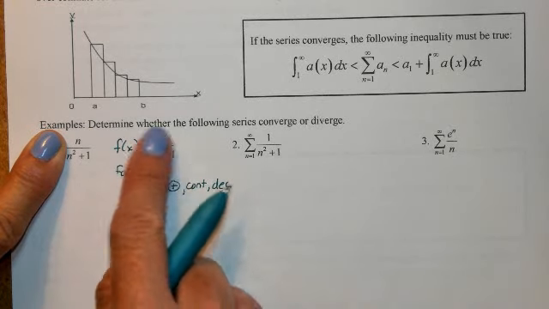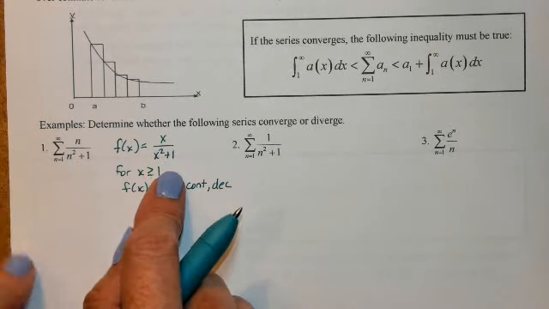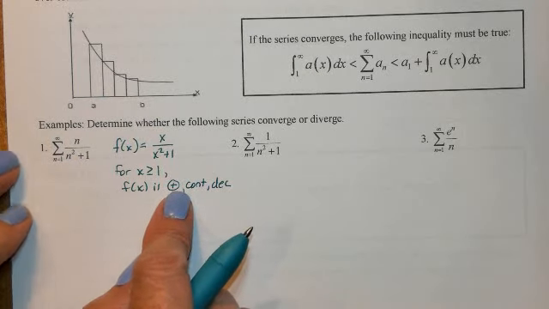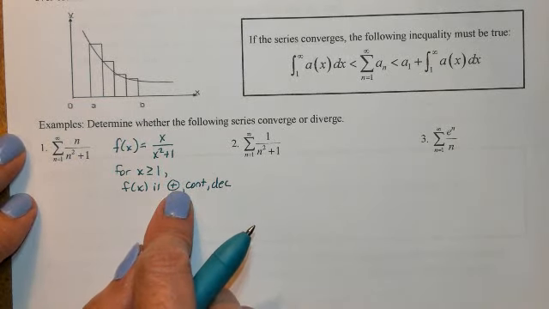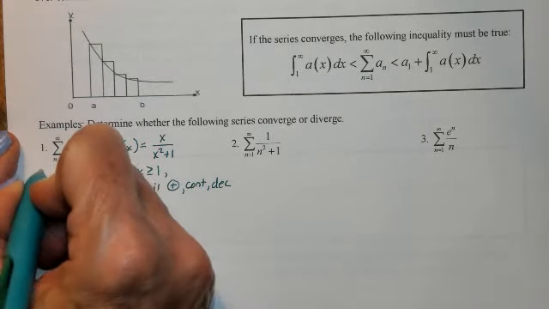Now, I could show you why it's decreasing, we could do a little more math on that, but this is all I need you to show me for this. I don't want you to get bogged down with showing me why it's decreasing quite yet. All right, so we're going to do the integral test.